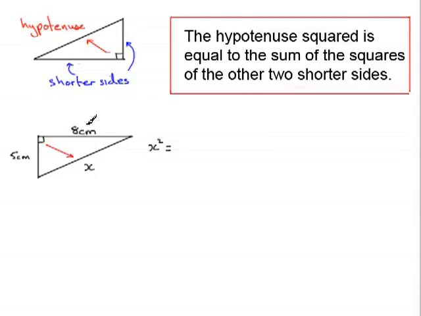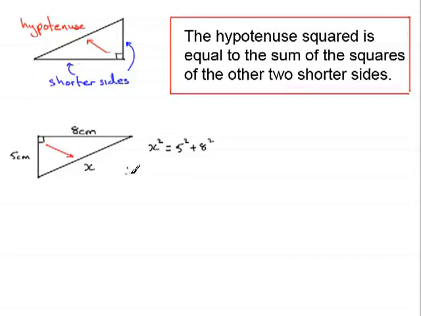So these are the two shorter sides, so I can write 5 squared plus 8 squared. Now it wouldn't matter if I wrote 8 squared plus 5 squared, it would give me exactly the same result. Okay? So all I need to do now to work out x is to just solve this equation.